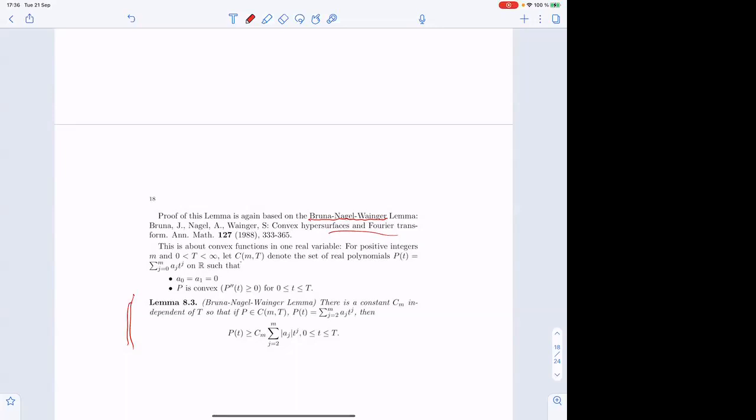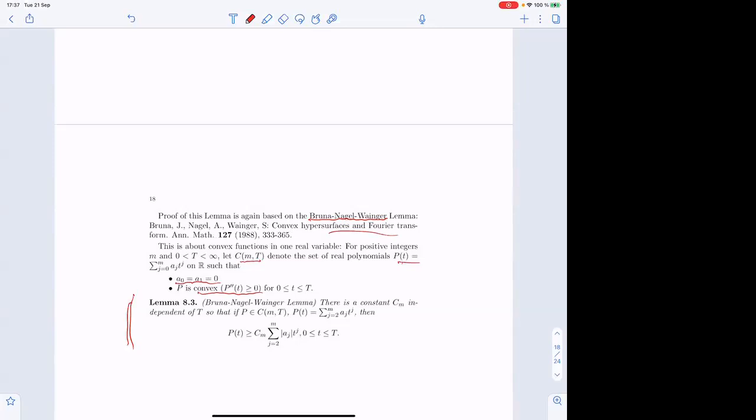Then you take all the real polynomials of degree less than or equal to m, summation a_j t to the j, and they vanish to second order at the origin. The first term is like t squared, and they are convex in the sense of the second derivative being non-negative. So in this family of convex polynomials, you have uniform estimates for all of those. And this is the Bruna-Nagel-Wainger lemma.